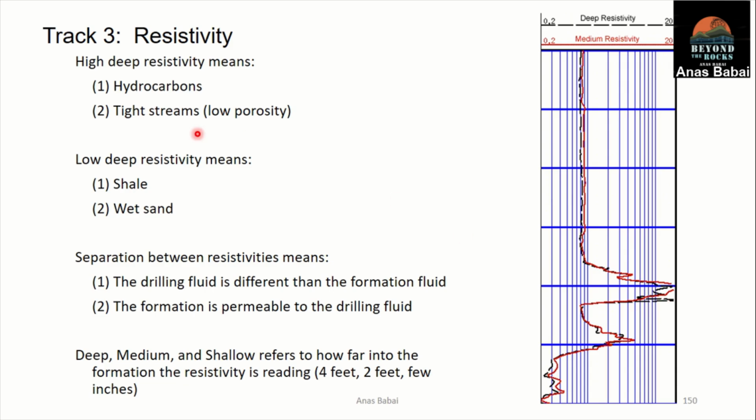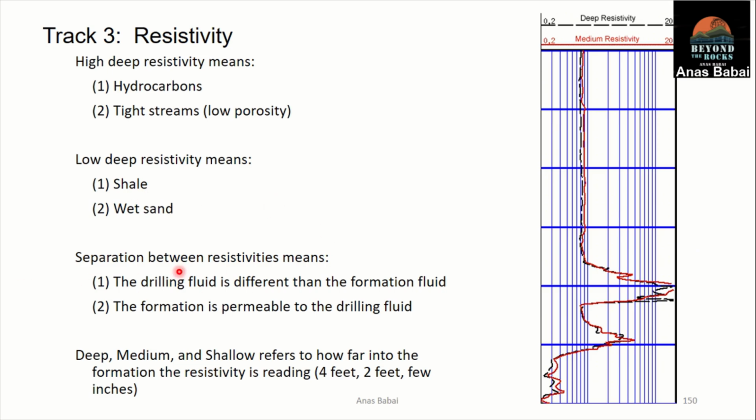They contain no water or no fluid, so they will have high resistivity. Low deep resistivity means either shale or wet sand. If the sand is wet, it contains water, which is conductive, so we have low resistivity, or the shale also contains water, the water is conductive, so it will have low resistivity.